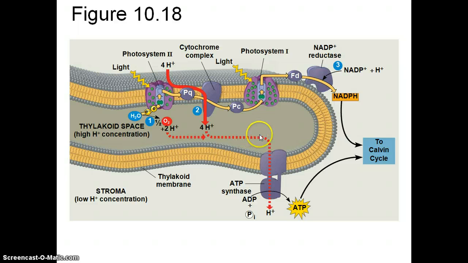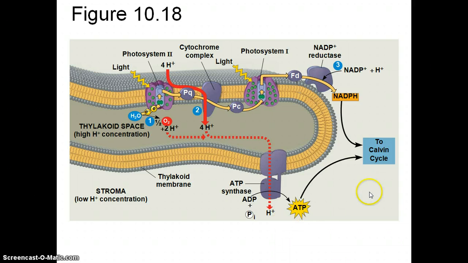So through diffusion, we're able to have those hydrogen ions pass through ATP synthase, which is a transport protein in the thylakoid membrane. And as they pass through, energy is generated in that process, and that process allows the phosphorylation of ADP to ATP.